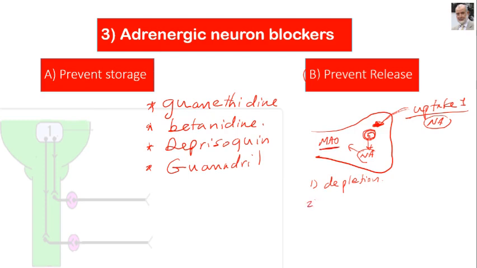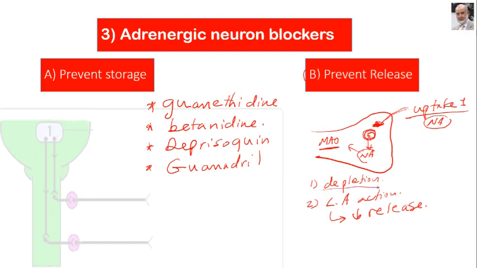The second effect: these drugs have a local anesthetic-like action on the nerve terminal, which means they inhibit release. So actually they have a dual mechanism of action. First, they enter the nerve terminal, causing depletion of the noradrenaline store.